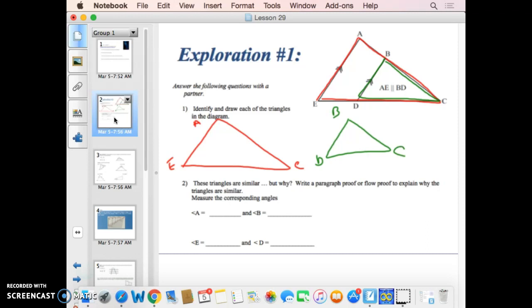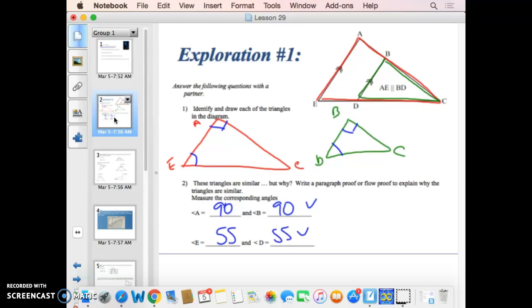When I measure these angles, I actually got this to be a right angle. So A and B were 90-degree angles, which means they're congruent. Check. And then I measured E and D, and I found that these were also congruent. They were 55 degrees. Okay.